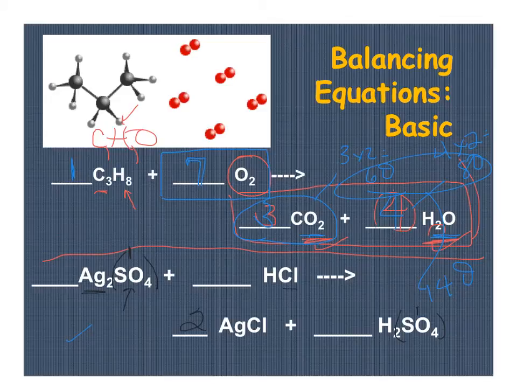There's 1 chlorine on the reactant side, but there are 2 chlorines on the product side. So I need to put a coefficient of 2 here to make 2 chlorine. The only thing that's left to balance now are the hydrogen atoms. I have 2 hydrogen atoms in the reactant side and 2 hydrogen atoms in the product side. This is now balanced.